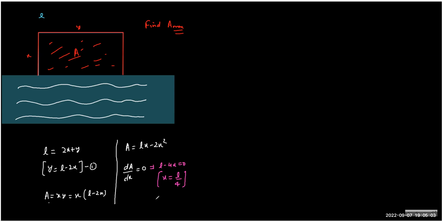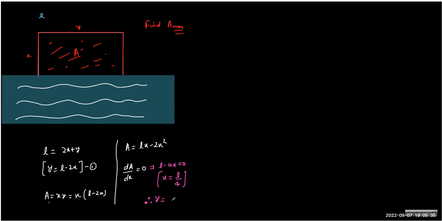So if x is L by 4, what is the y value? For this x, what is the y? Come on. For this x, what is the y? Use the constant, no? Because the sum of the x and y is like L only.